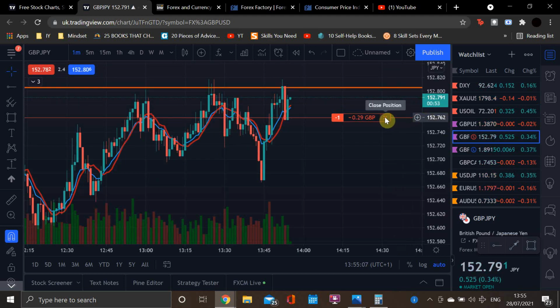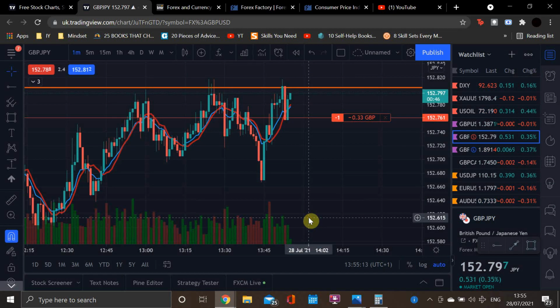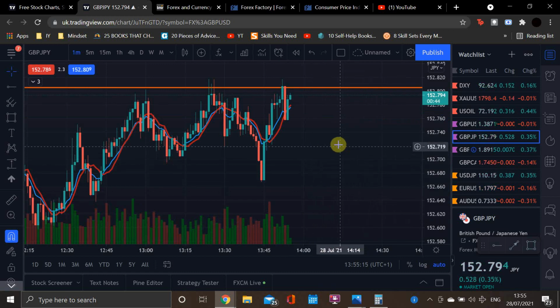Okay, interesting. I think the drawdown's just quite big. I can close my position. Maybe it is trying to break out.